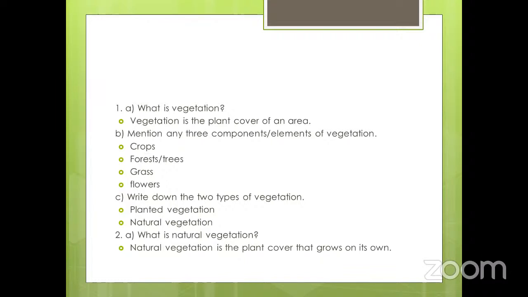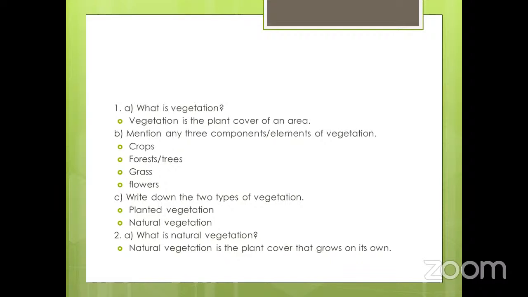There we talked about the crops, the forest, the grass, and flowers. So there are some components here that grow on their own. There are crops that grow on their own. There are forests that grow on their own. We have grass also that grows on its own, and so on. So when they ask you what is natural vegetation, you simply say natural vegetation is the plant cover that grows on its own. We can move on to the next question.